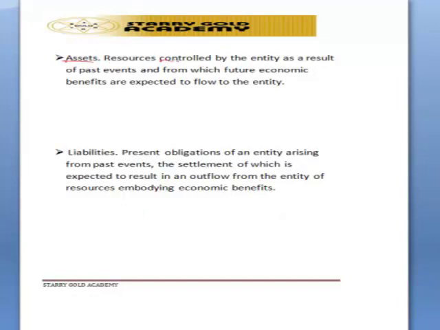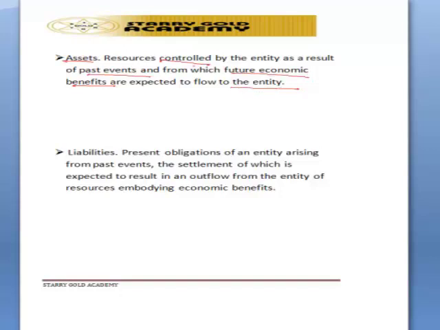They must be controlled by the entity as a result of past events, and from which future economic benefits are expected to flow to the entity. These are the basic elements when you are defining an asset.